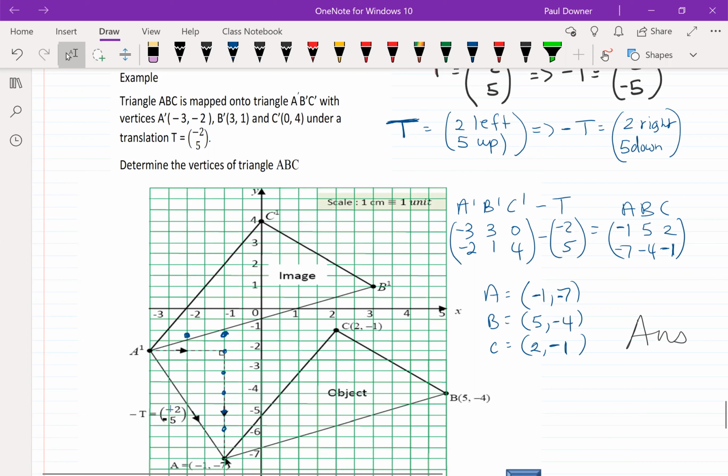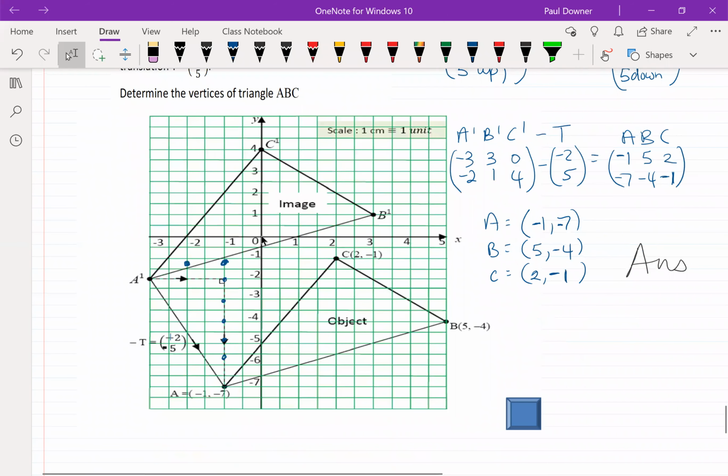And that's how I move from A prime to A, from the image to the object. I would have plotted that point there, and that would have given me A. If I wanted to, I could have then measured it. Starting here, to get to this point, I have to move -1 in the x, followed by -7 in the y. So the coordinates would be (-1, -7), which is what I got from calculation as well.